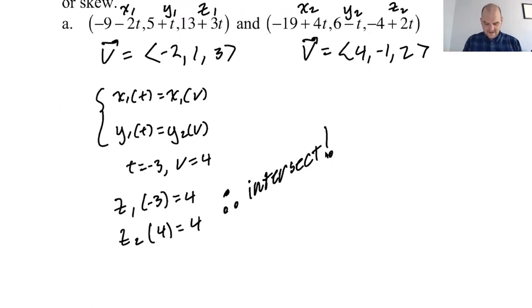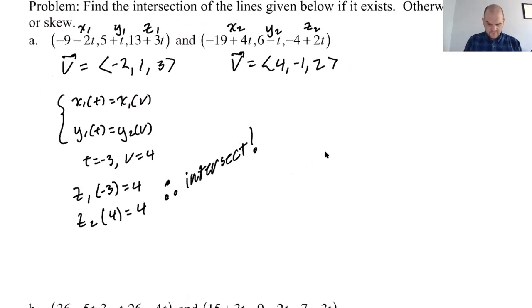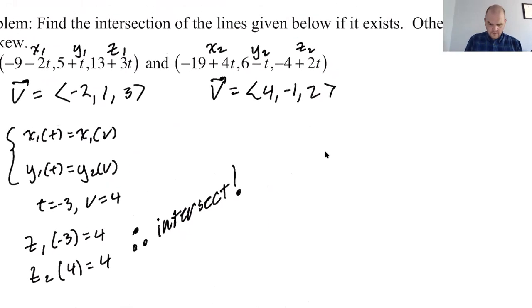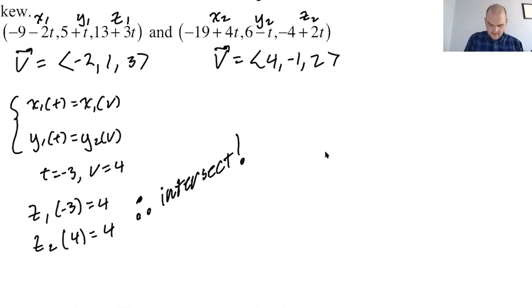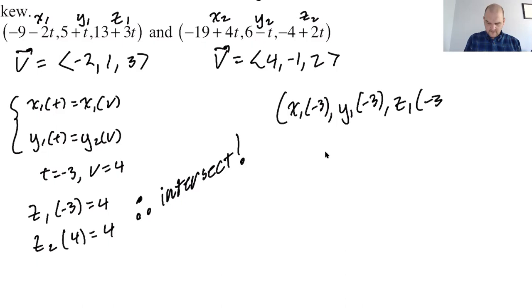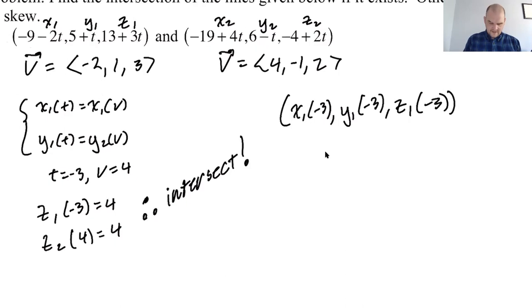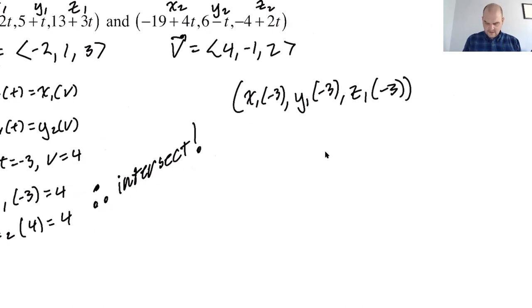So if we find, woo, knock that off. What did we do? So I did x1 of -3, y1 of -3, and z1 of -3. And when I did that, I got something that I did not make a note of.